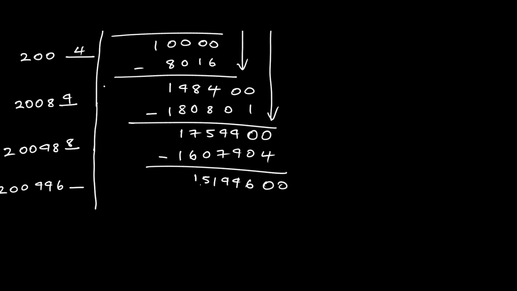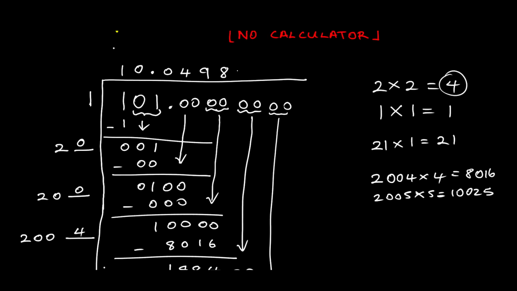So by looking at this, we could see that this value would actually be greater than 5. Because if we put a number greater than 5 here, we would surely get a rounded up answer.